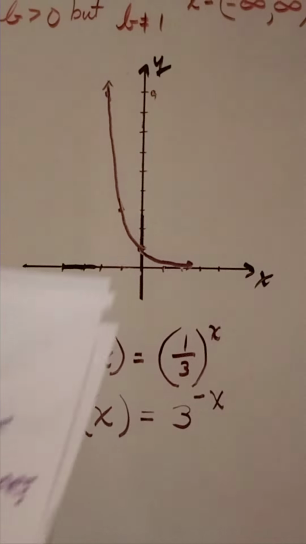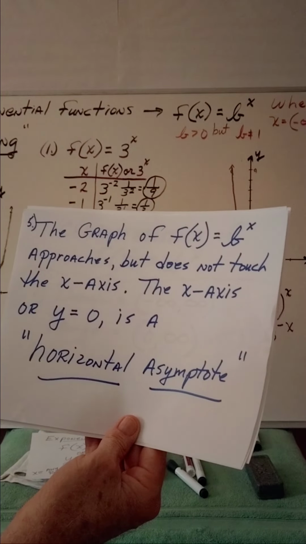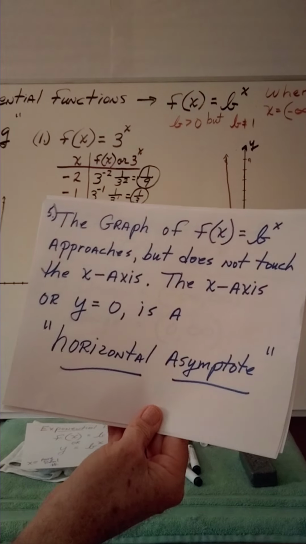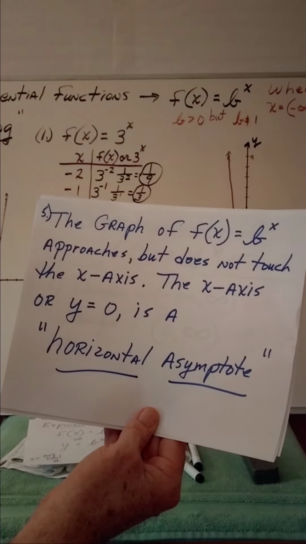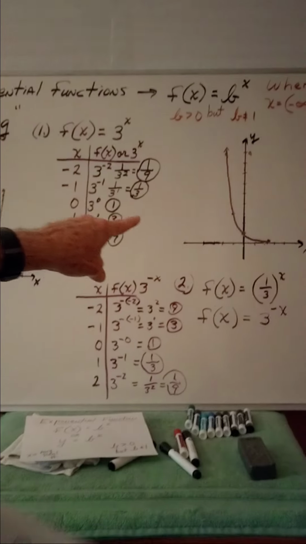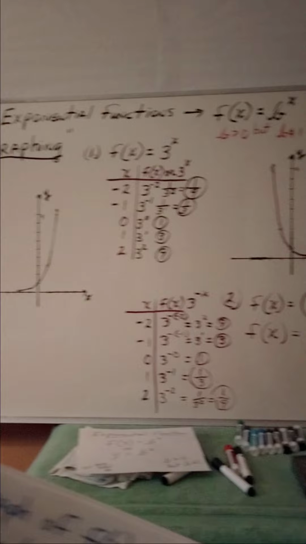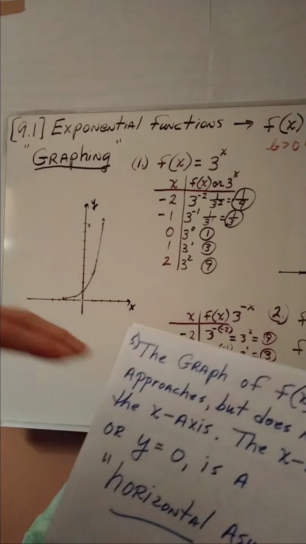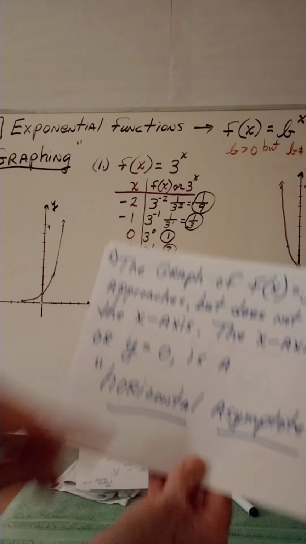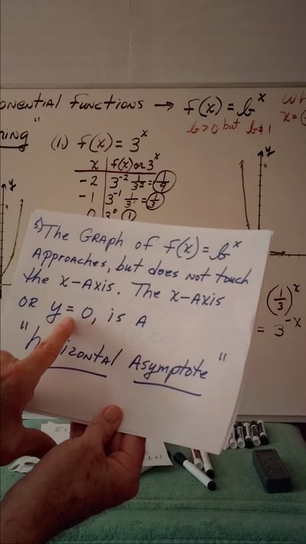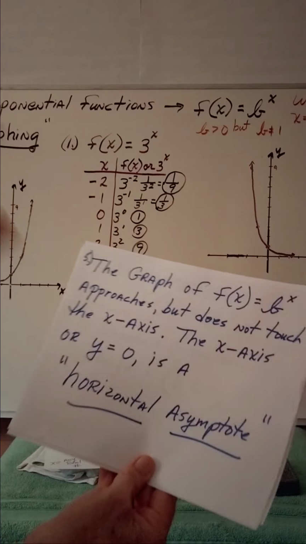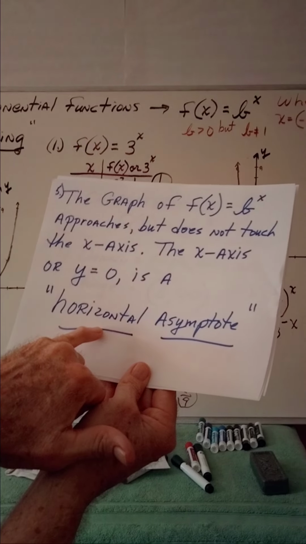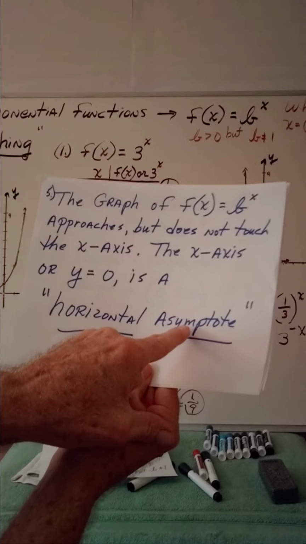The graph of f of x equals b to the x will approach but does not touch the x-axis. On both of those, the graphs approach the x-axis, but it never will touch the x-axis. The x-axis, or y equals 0, is called a horizontal asymptote.